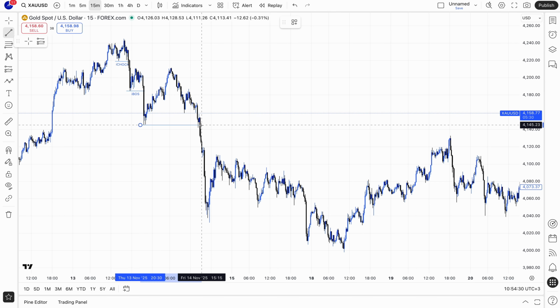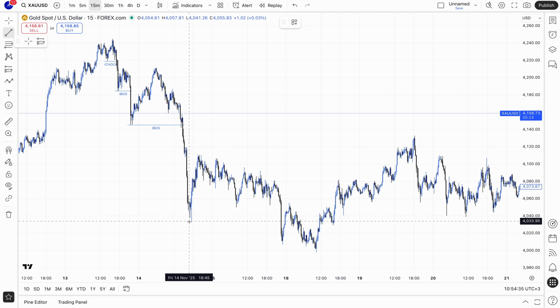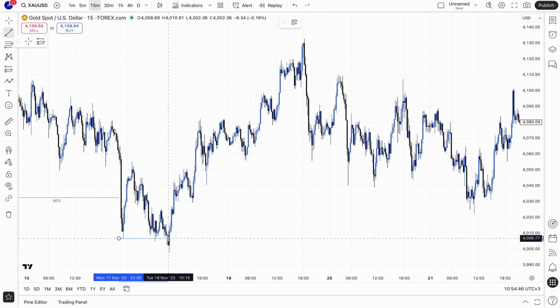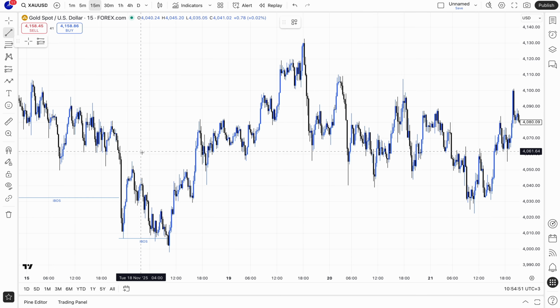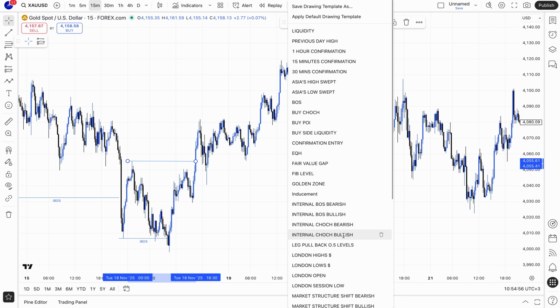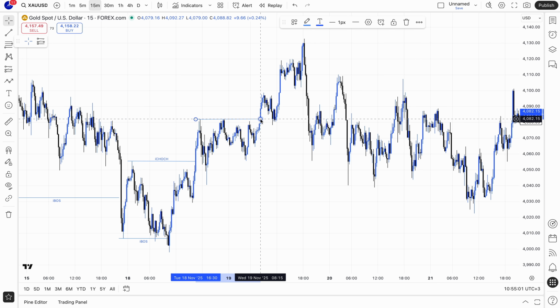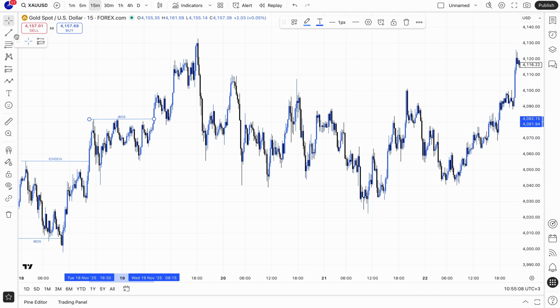Break of structure, break of structure, break of structure, change of character to the upside, change of character, break of structure to the upside, continuation.